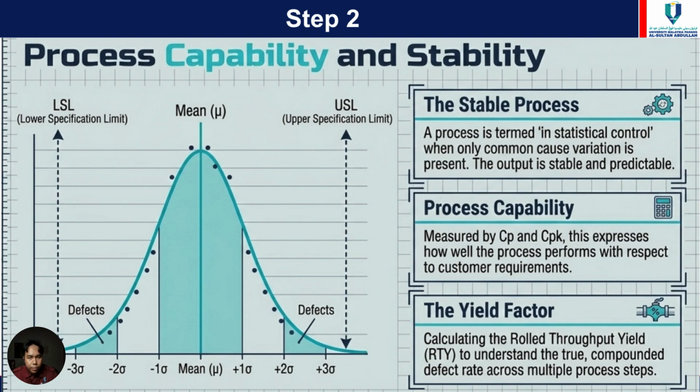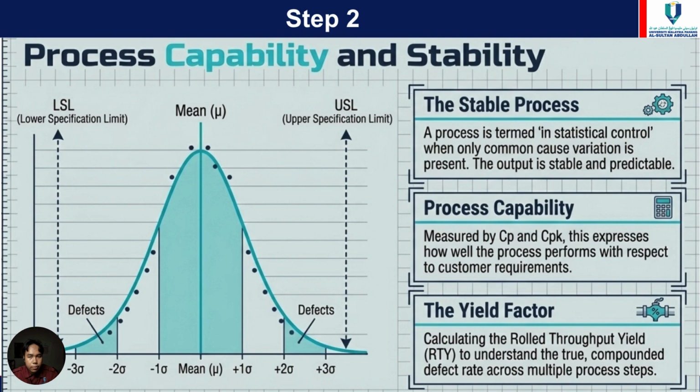Okay, process capability and stability. LSL, lower specification limit, and USL, upper specification limit, and the middle is the mean. What we need to achieve is a stable process. A process is termed in statistical control when only common cause variation is present.